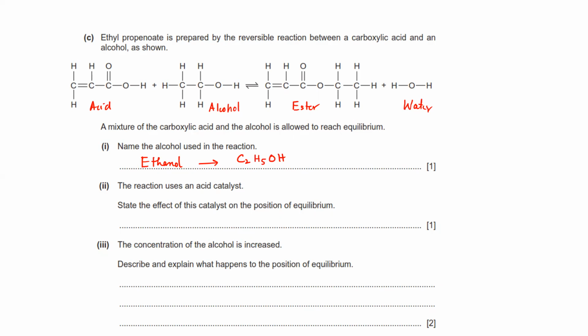It says the reaction uses an acid catalyst. State the effect of catalyst on the position of equilibrium. So if your reaction has reached the equilibrium, the catalyst will not have any effect on the equilibrium. Catalyst is basically used to reach the equilibrium much faster.